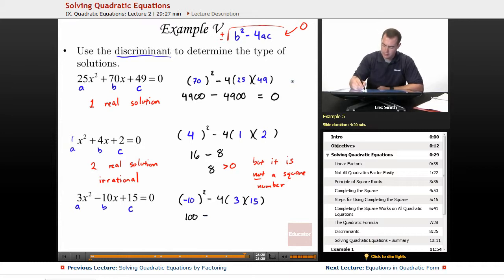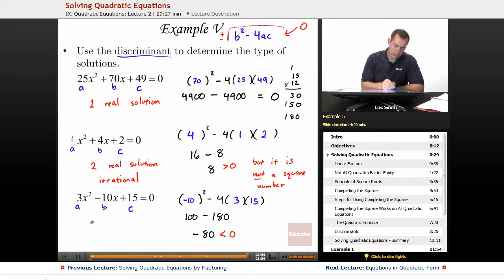So I have 100 minus 180, or negative 80. So in this one, our discriminant is less than 0. That's an indication that we will have two imaginary solutions.